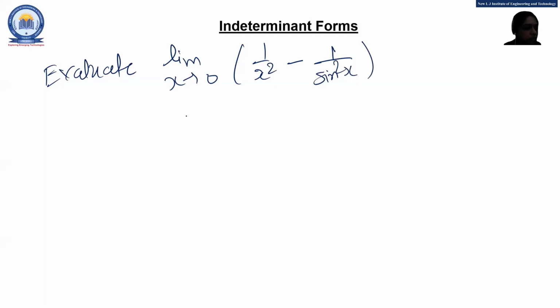Okay, limit x tends to 0, 1 upon x square minus 1 upon sine square x. Your final answer is minus 1/3. Please note it down. Your final answer is minus 1/3. Okay.